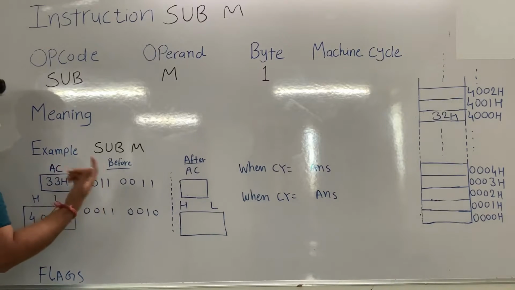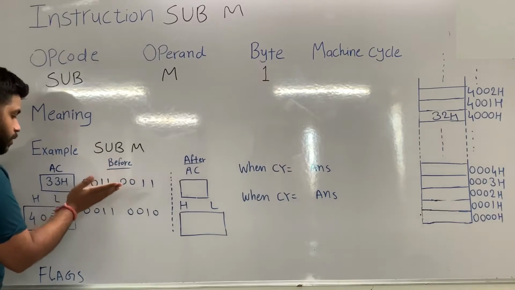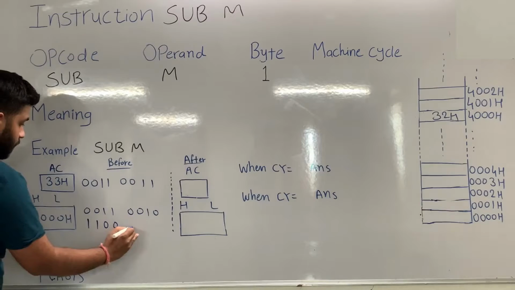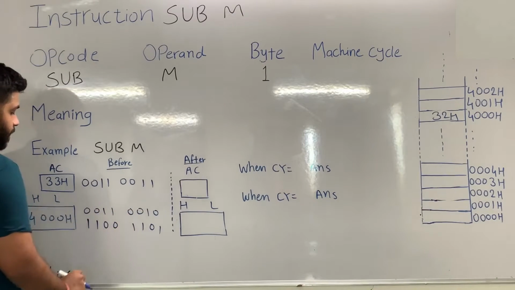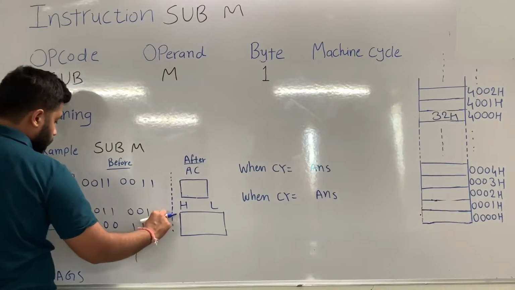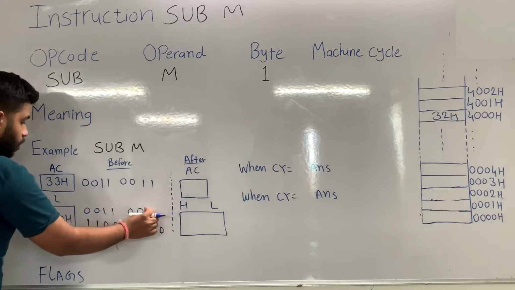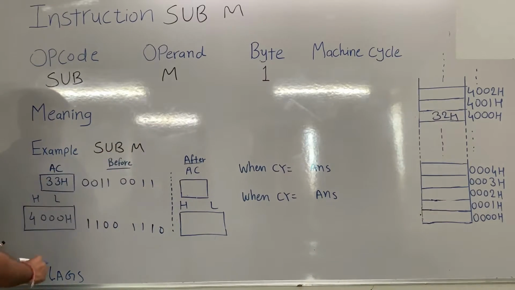Let's represent it in 2's complement. To get the 2's complement, we first convert this number into 1's complement. So if you convert this number into 1's complement, you will get something like this. For 2's complement, it is 1's complement plus 1. So if you do 1's complement plus 1, you will get this. This is the 2's complement representation of the number stored in the memory location.